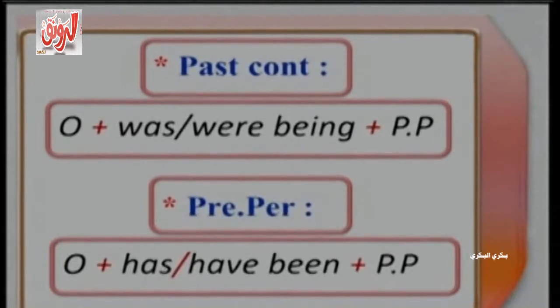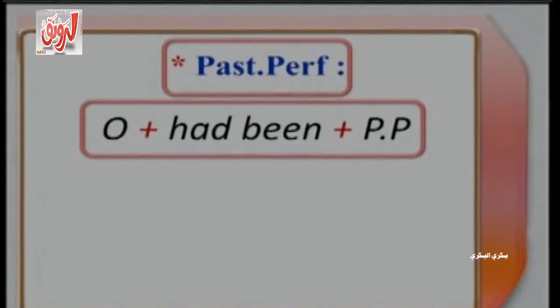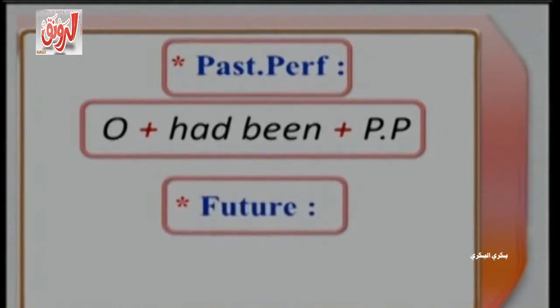Object plus has been or have been plus past participle. Has been, have been. Very important. Past perfect: object plus had been plus past participle.